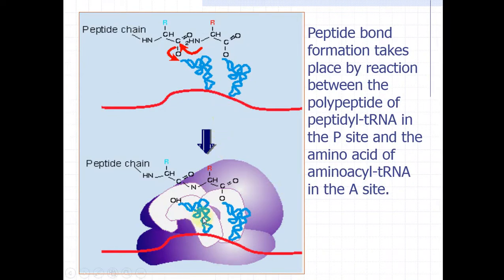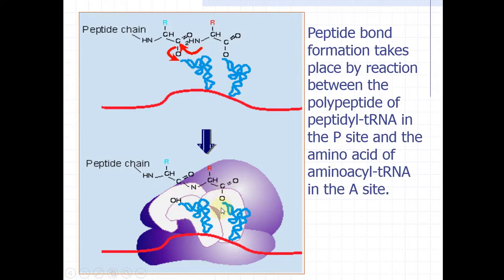Now this is peptidyl tRNA in the P site, which carries the peptide, and this is aminoacyl tRNA in the A site, which carries only one amino acid. Now a peptide bond is formed between the last amino acid of this peptide chain and the amino acid on this aminoacyl tRNA, by joining the carboxy terminal and amino terminal of the amino acids.